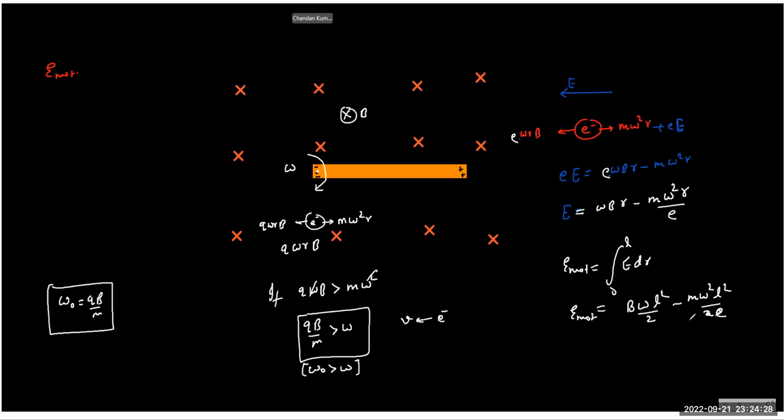But this formula we took for one particular case. If I have no restriction on the nature of B, if we take B either inward or outward, what if I switch the B?